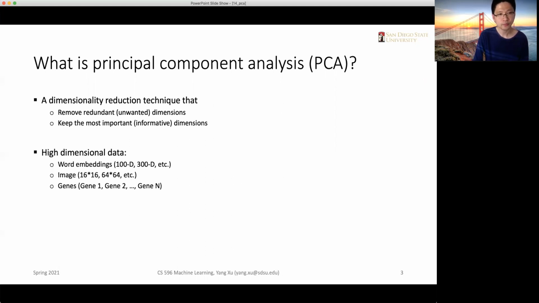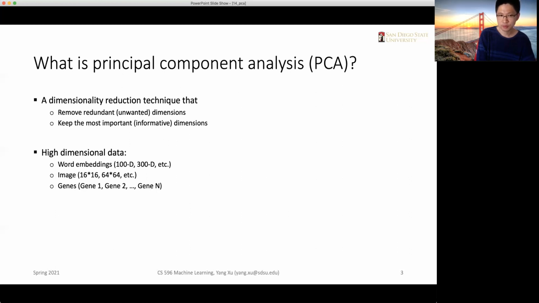And it's also an effective way to visualize the data, because we cannot perceptually see a data set of more than 3 dimensions, right? We cannot visually see 4-dimensional data, not to mention data of even higher dimensionalities.